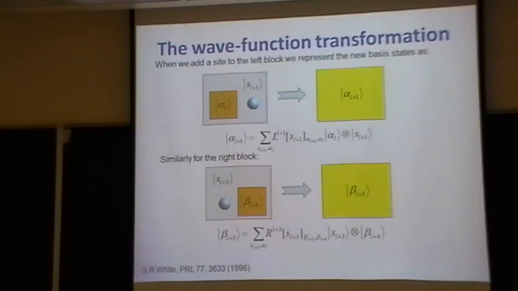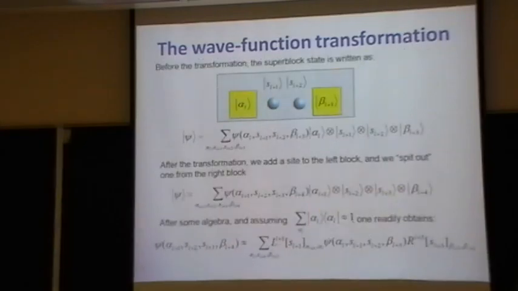When we grow from the right to the left, we have to add this spin to this block. And we have a similar transformation that involves this matrix here, R. All right? So this is just algebra. This is just a change of basis. No secrets there.